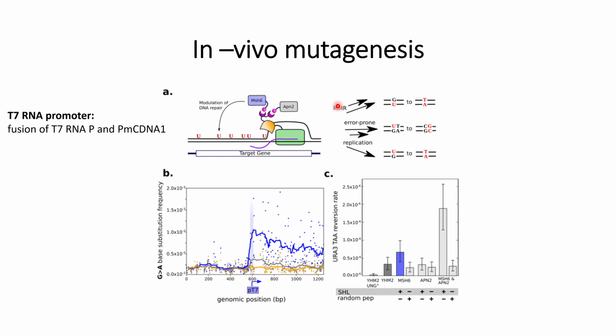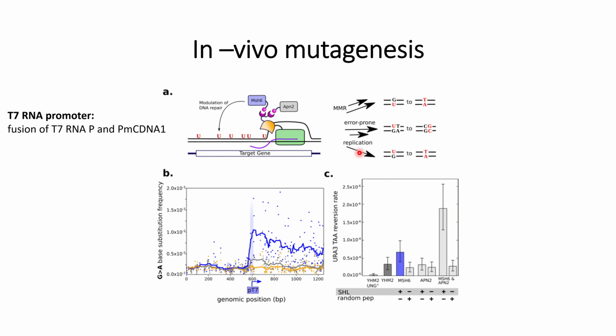I'm not able to recall the exact full form. What is seen in this case is that the GU in the DNA is mutated to TA. In the case of error-prone replication, UT and GA are replaced by CG and GC.